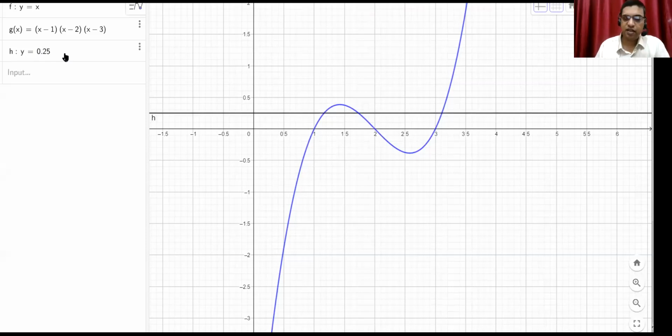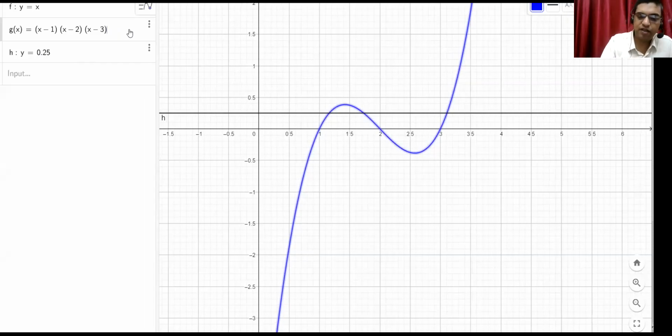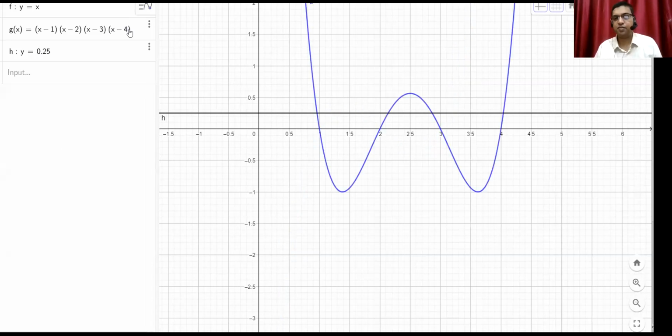So it is many to one mapping. Clear? Now if I make this x minus 4, you see how the graph becomes. It is being cut at 4 points. This is a biquadratic expression or polynomial of degree 4.